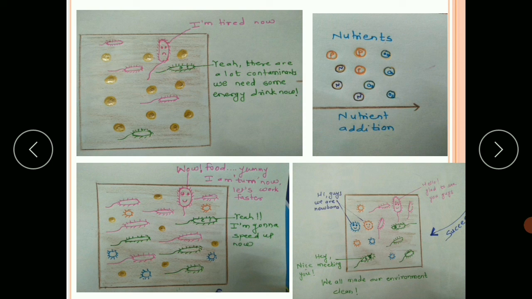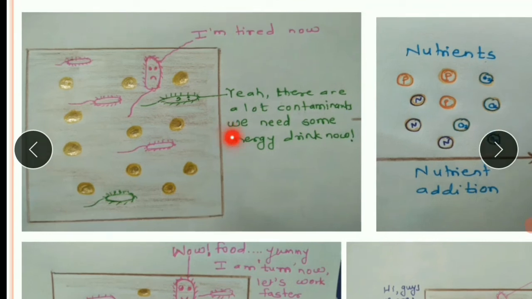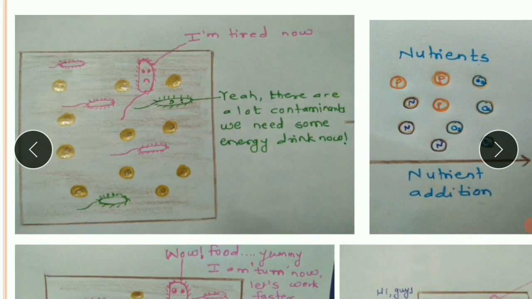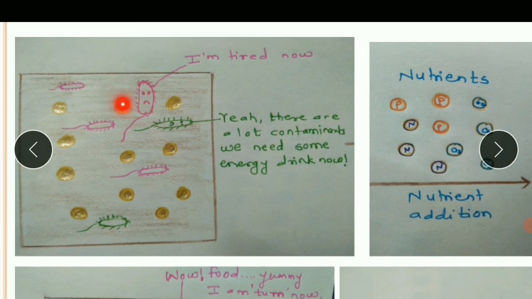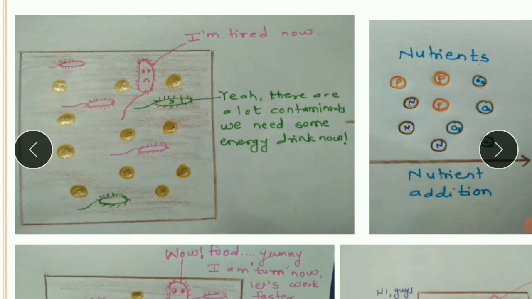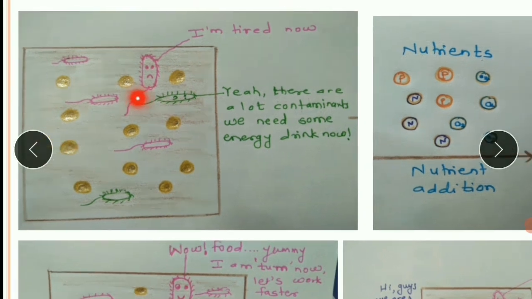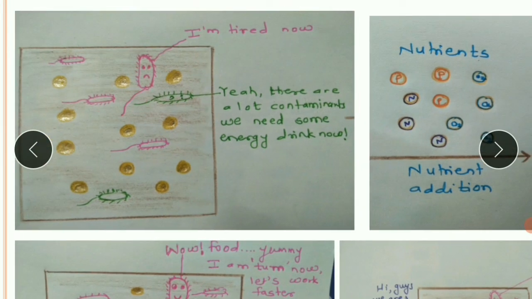Okay, so here you see the first picture. The golden yellow color represents contaminants, and the green and pink microorganisms are indigenous organisms. But see, they are tired and sad because they want to consume food.